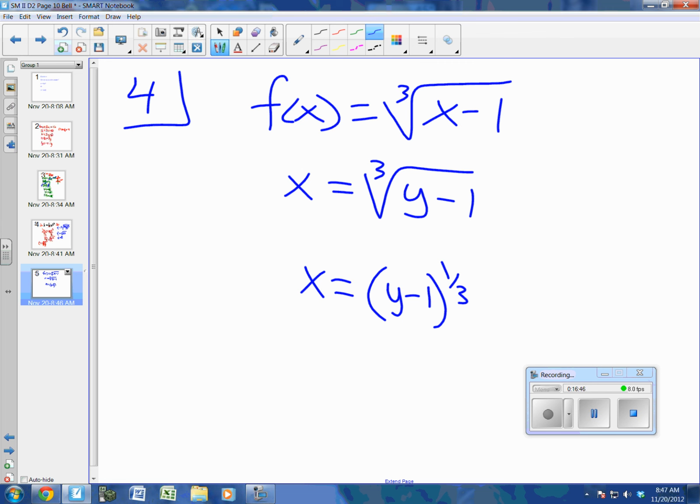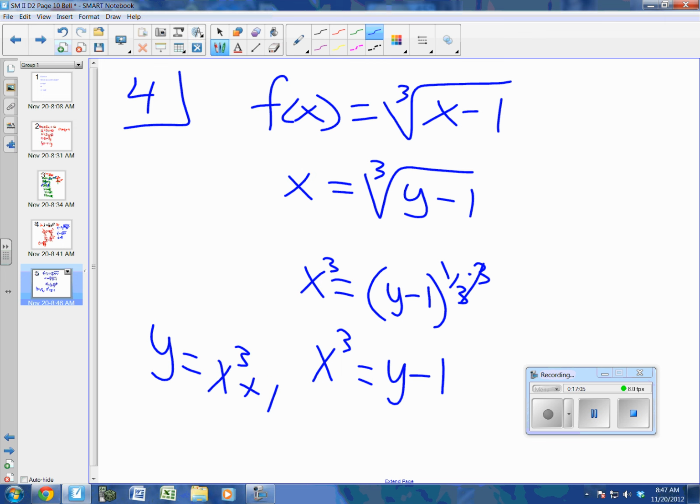Okay, so if I raised both sides to the 3rd power, then I have x cubed equals, and these cancel out, just y minus 1. Add 1 to both sides. I said I was only going to give you a hint, didn't I? There it is, just write the inverse, f inverse, right?